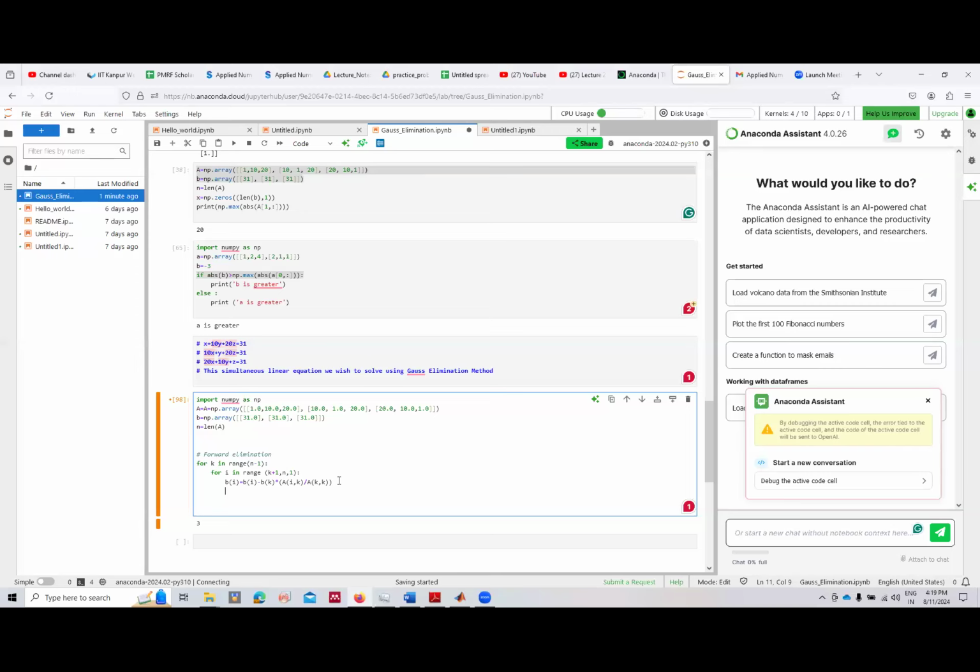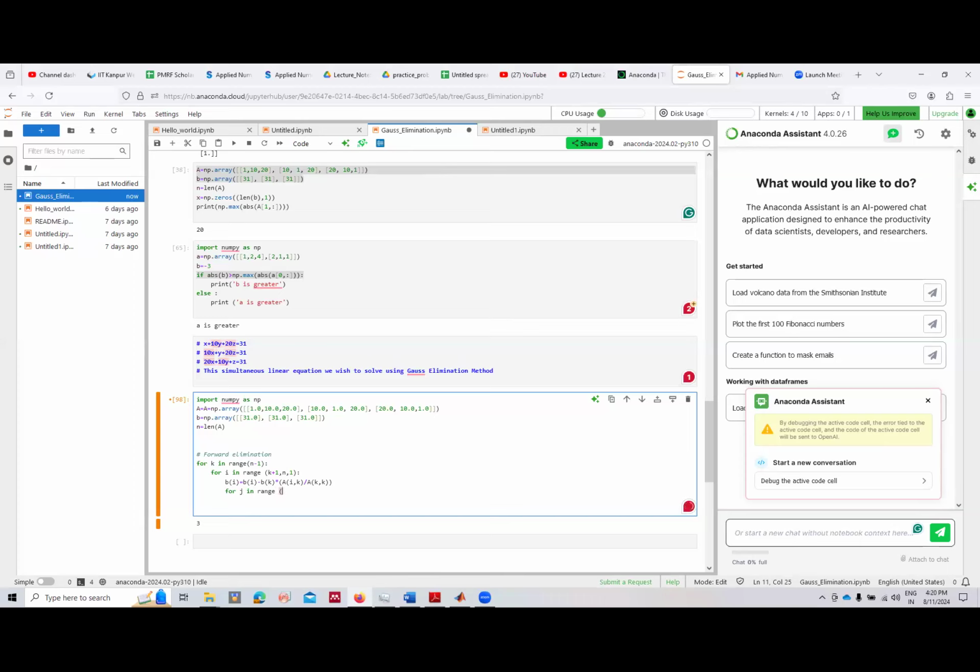Now I need to replace the coefficient terms for other columns. Okay, so this can be replaced as for j that will go in range. This will also start from what?